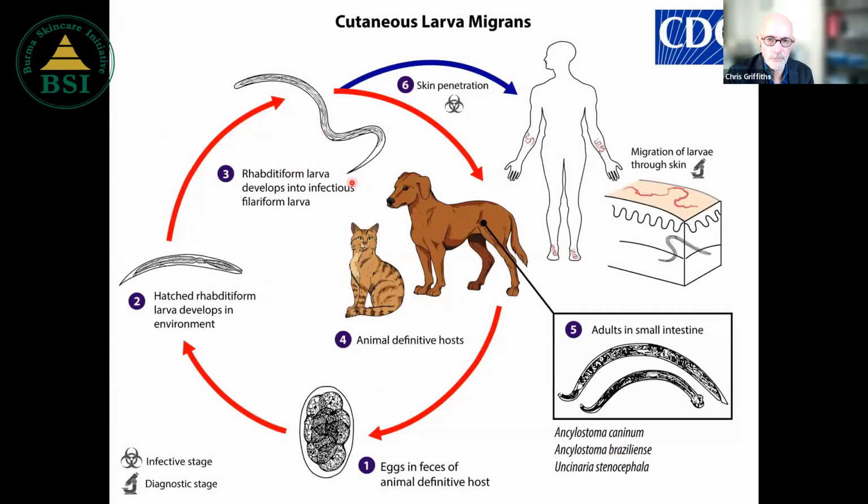The larvae are in the feces of dogs and cats, and then they've defecated under a tree at the beach where the person has come and sat, and then the skin has been penetrated. The larvae cannot migrate into the intestine. It can't actually cause profound infection of the human, but it produces this very itchy, unsightly rash, and treatment is with mebendazole, sometimes ivermectin. But we do see it from time to time.